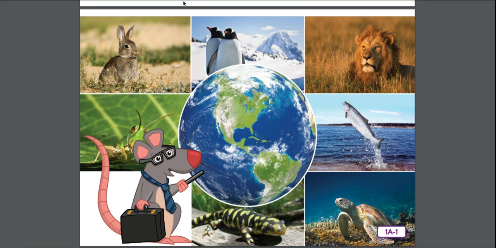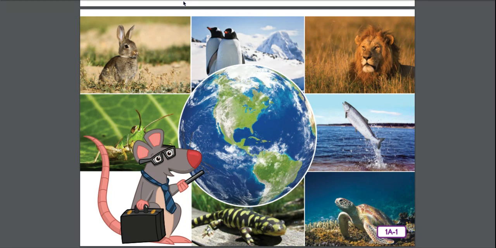That's right. Scientists can classify the kingdom of animals into smaller groups. We are going to be learning about some of those smaller groups in the animal kingdom as we move through our unit. When scientists organize animals into groups, they are organizing them according to particular characteristics that they have in common.